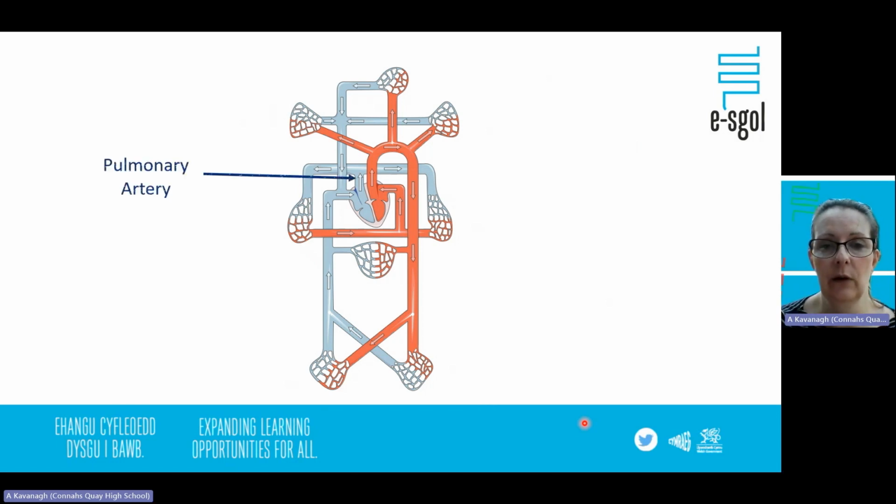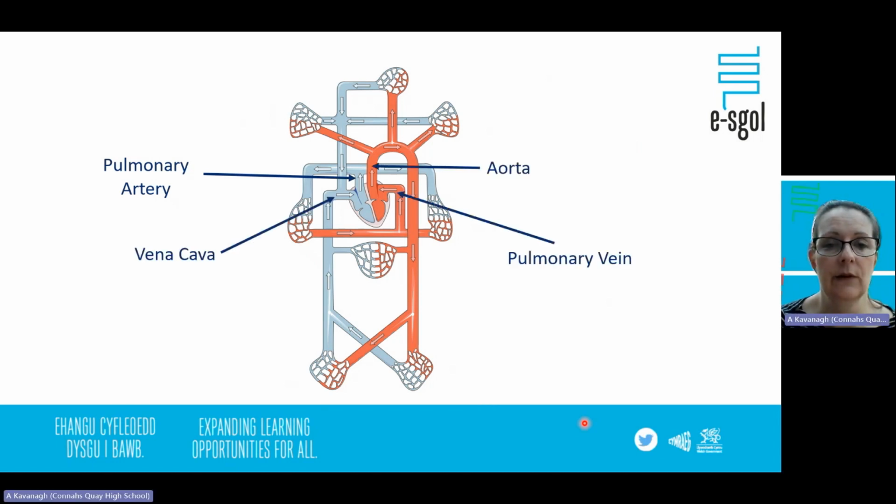So if we look at our labels here, the vena cava is returning deoxygenated blood to our heart, and we can see that it's going into the upper chamber here, into the atrium, into the ventricle, and then it will leave through the pulmonary artery to go to our lungs. Similarly then, our oxygen-rich blood is coming into the heart through the pulmonary vein and then out through the aorta.